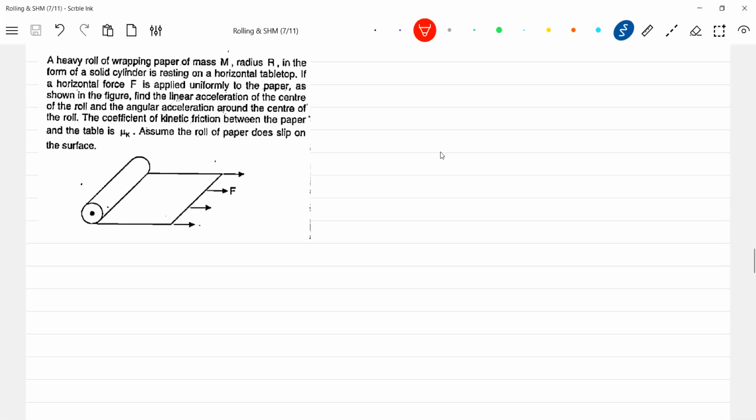The last sentence: assume the roll of paper does not slip on the surface. This condition is very important.